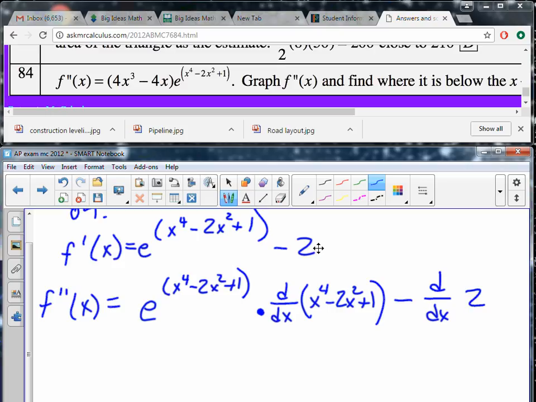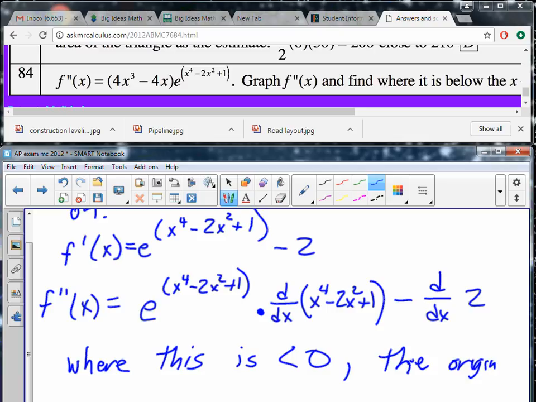And then where this is less than 0, the original function or the parent function is concave down. Boom.